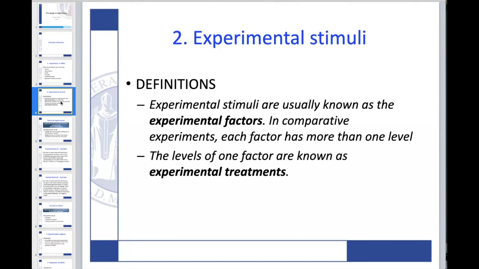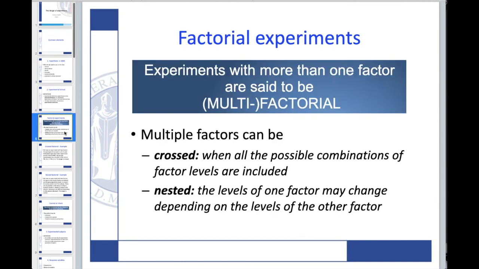Sometimes we have more than one. We might have 2 factors. In this case, we talk about factorial experiments. So factorial experiments are those experiments where we have more than one factor. For example, think about an experiment where we want to compare genotypes and fertilizations, right? So we have 2 factors.